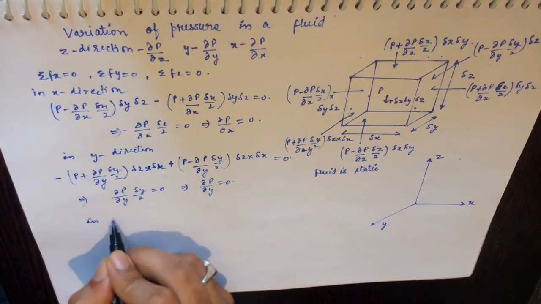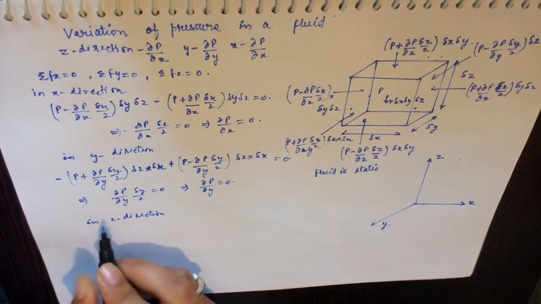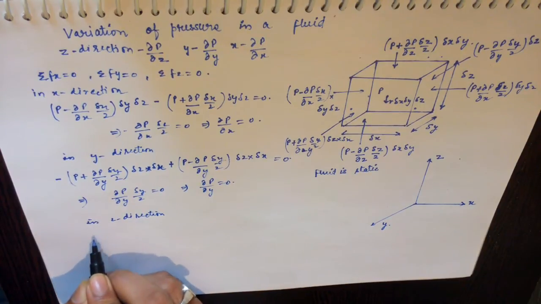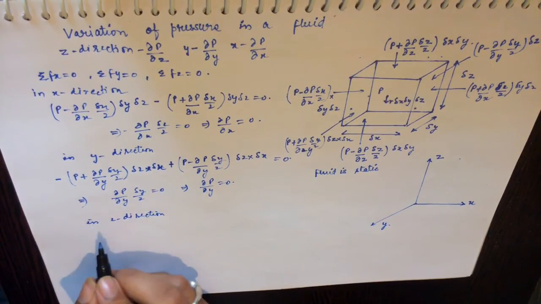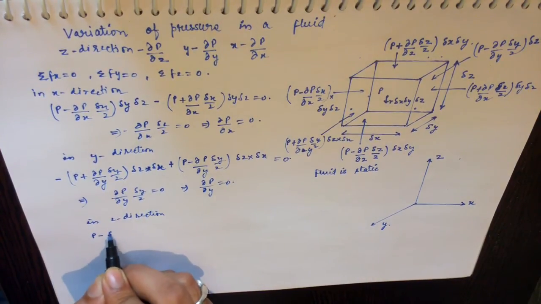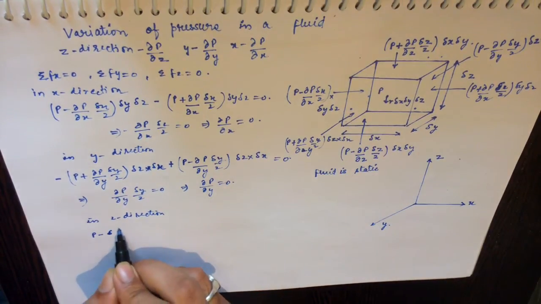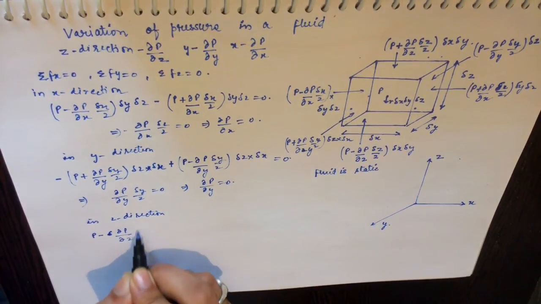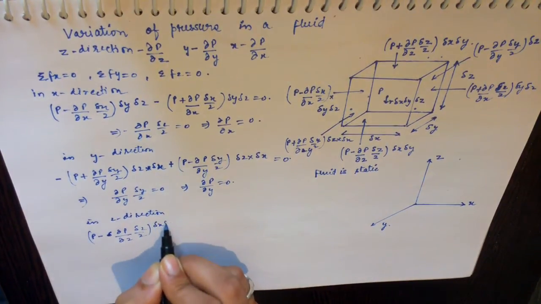Now if we talk about the z direction, we will get three forces: the pressure force on the opposite walls, and the weight of the small elemental volume. So if we take the small element, this force, p minus del p upon del z into delta z by 2 multiplied by del x del y, is acting upwards, so this will be positive.